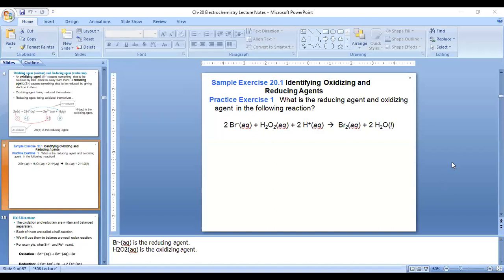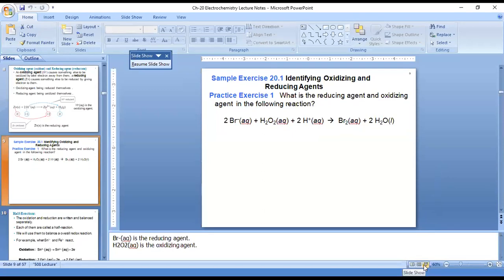Yes, I see it. I didn't write down any of the work because I was printing out the notes as you were starting chapter 20. I wrote down the first step, but I missed everything else. Okay, so for this one, you want to identify the reducing agent and the oxidizing agent.